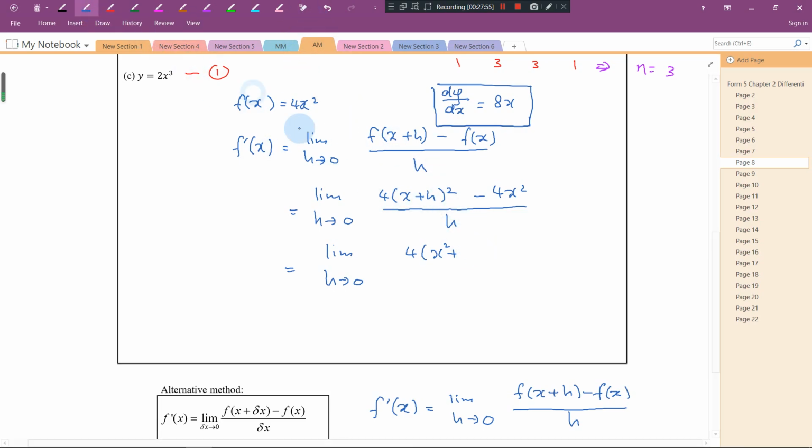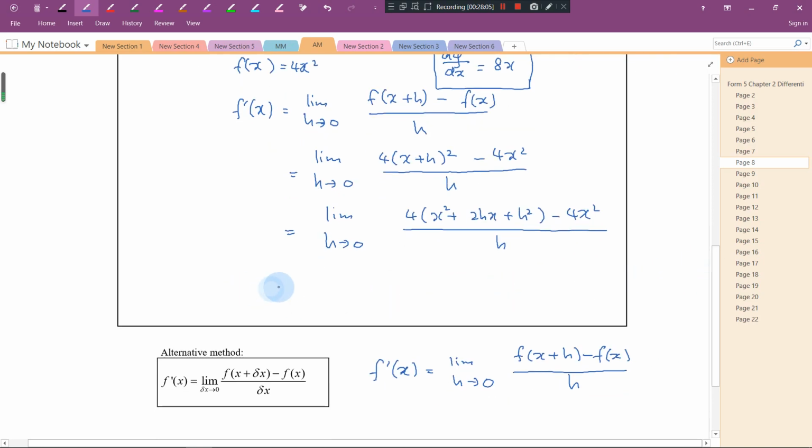So how about I write h first? 2hx plus h squared minus 4x squared over h. Okay, so here you will get 4x squared, do some expansion over here, and 8hx plus 4h squared minus 4x squared over h. Okay, let me continue here.